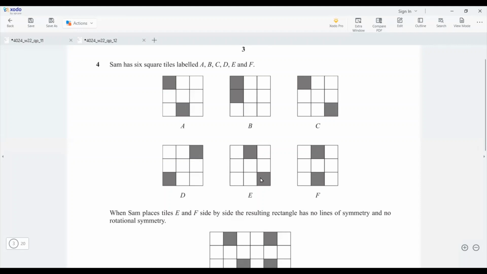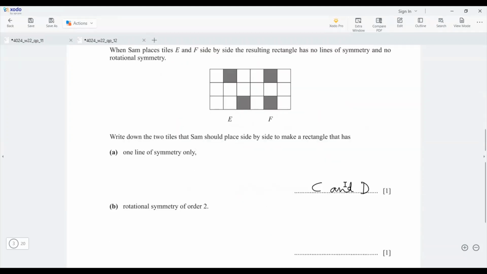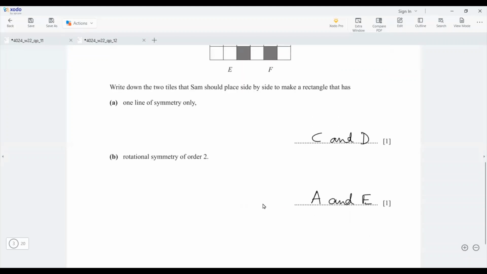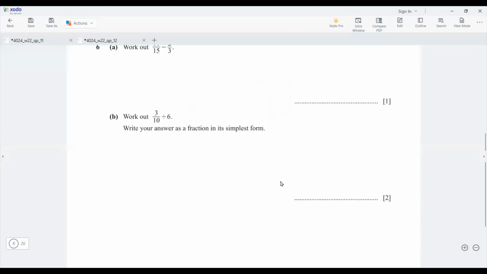And if we rotate at 360 degrees, reaching the initial position, we will have the same shape. So A and E are answered. If you don't understand, I can explain this in detail later on. You must understand the concepts of rotational symmetry and linear symmetry. So I'm quickly moving to the next type of question.